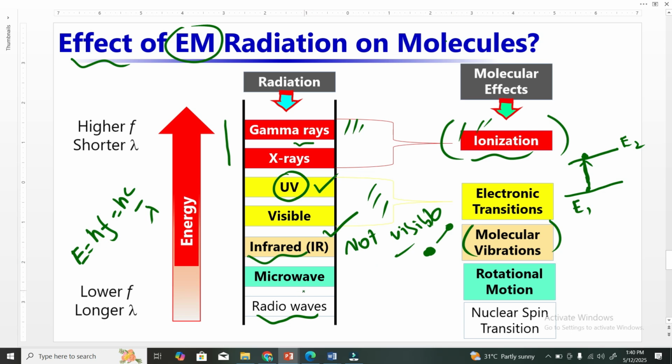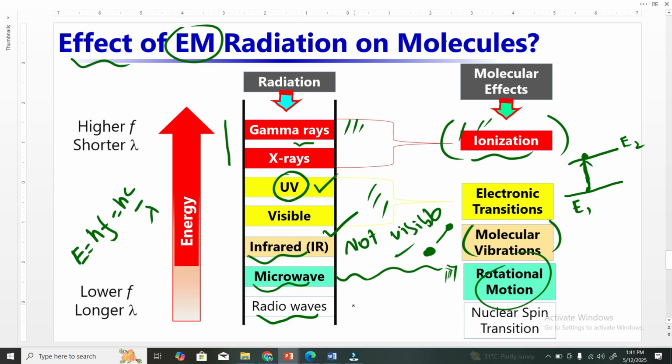Now let's come to the microwave, which is a very, very important radiation. Basically, microwaves study rotational motion of the molecules, because when we want to study the rotational behavior, the angular momentum or the spin angular momentum, those things, we use microwaves.